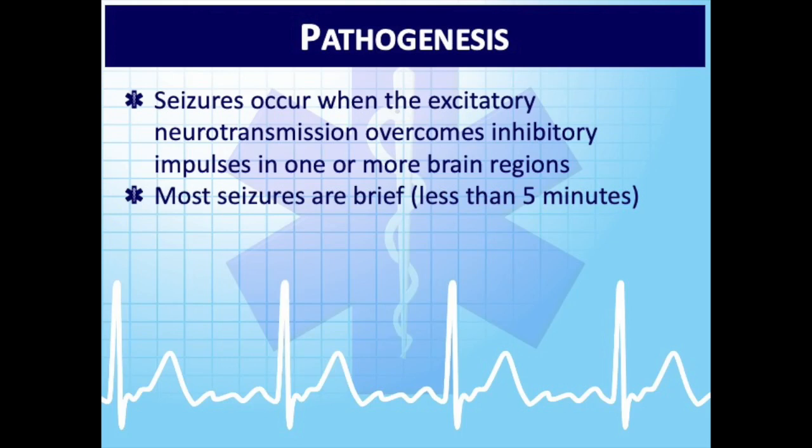But in certain situations, the excitatory neurotransmitters overcome the inhibitory impulses, and the patient can have a seizure. So all the drugs we use to control seizures inhibit these excitatory neurotransmitters in various different ways, and thereby control the seizure itself.